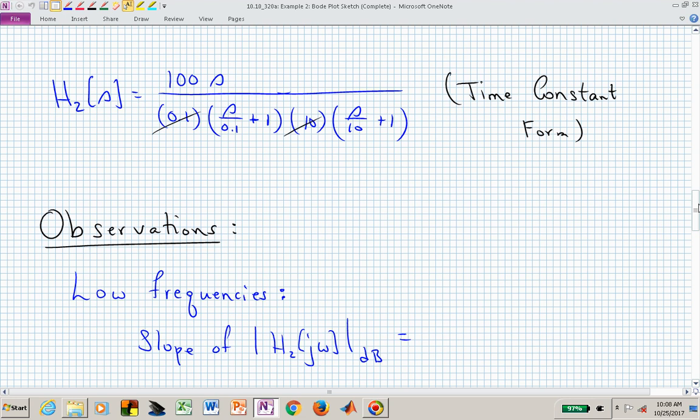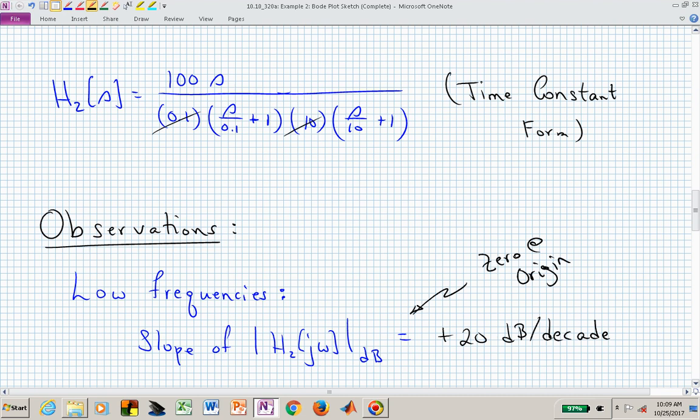And what's the slope of the magnitude at that frequency? Well, because we have that zero at the origin, it's upstairs. We have one of those. And so the slope of H sub 2 at low frequencies is plus 20 dB per decade, and that's because of the zero at the origin.